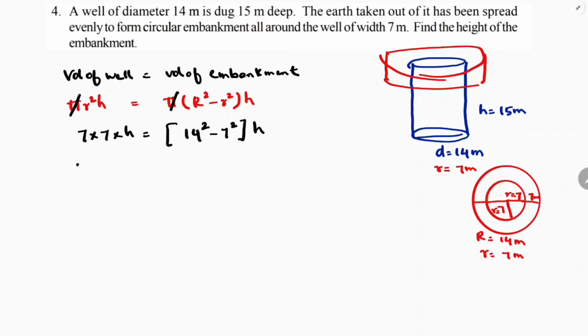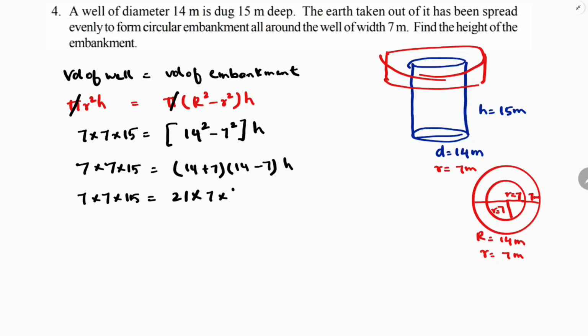So here height of the well is given, which is 15. So 7 into 15. Here I'll use a plus b into a minus b, 14 plus 7, 14 minus 7. So 7 into 15 equals 21 into 7 into h. If we transpose 21 and 7, h equals 7 into 15 divided by 21 into 7. 7 cancel. 7 times 1, 7 times 3. 3 times 1, 3 times 5. So height is 5 meters.